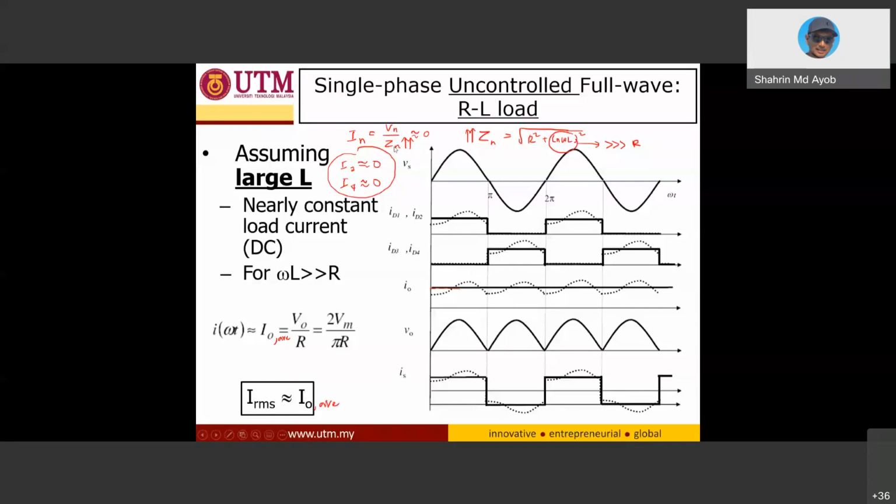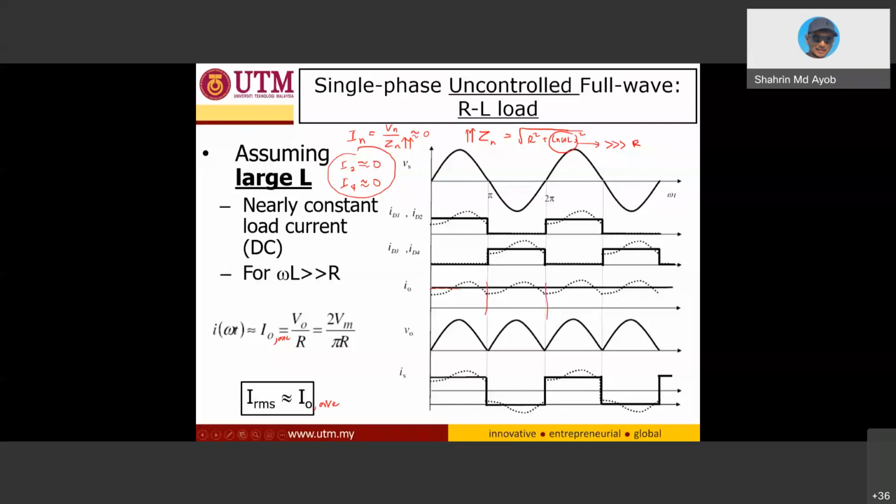That is how we come out with this formula here. And the input current, as you can see, is a square wave. It is positive, and then the negative part is flipped.